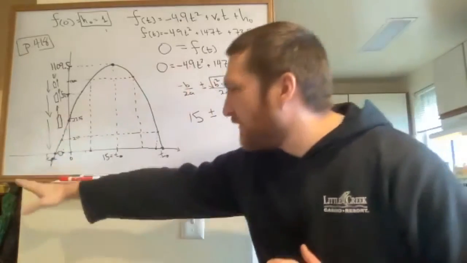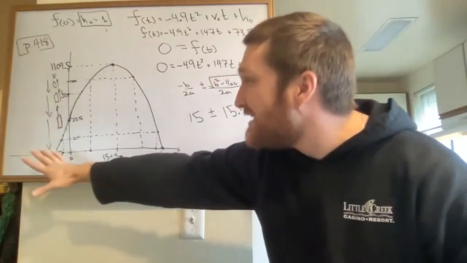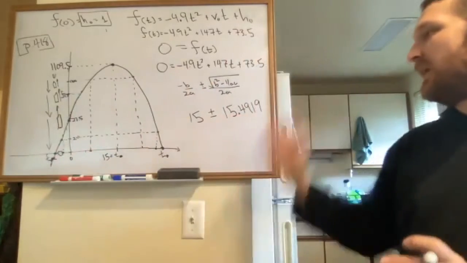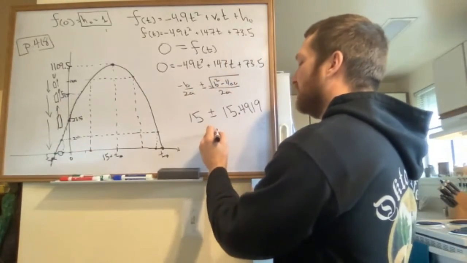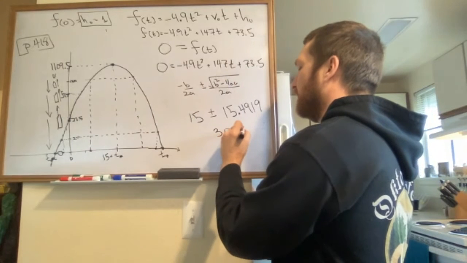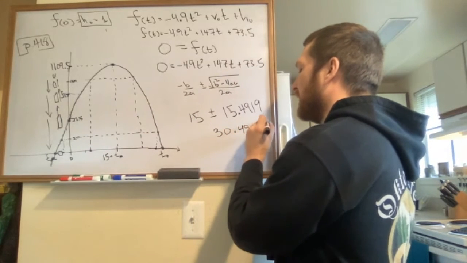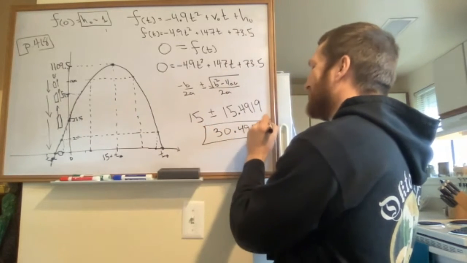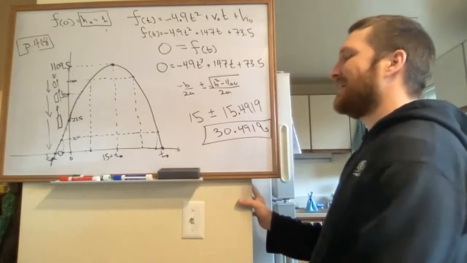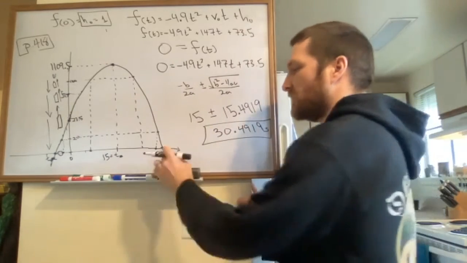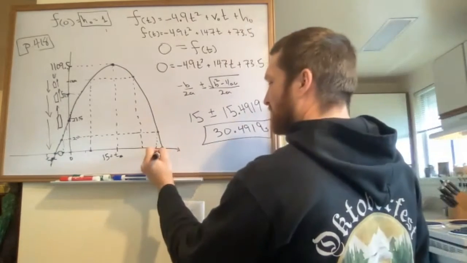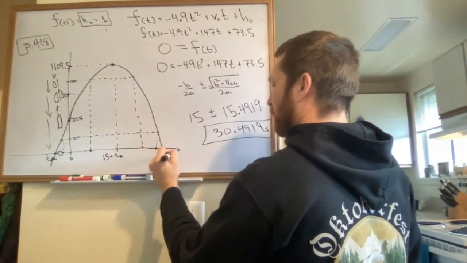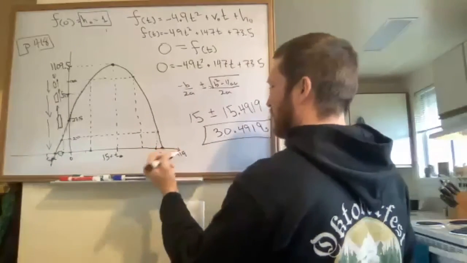But we don't care about the negative answer in this case because we don't want a negative time. So 15 plus the 15.4919 should give me 30.4919 seconds. That should be it right there. And so we'd say that it hits the ground again after 30.4919 seconds.